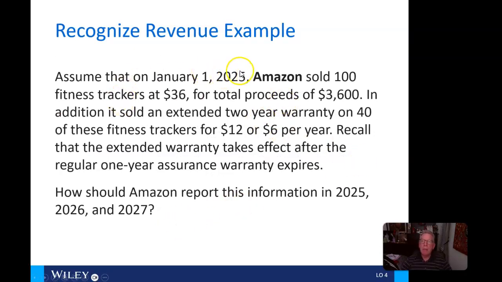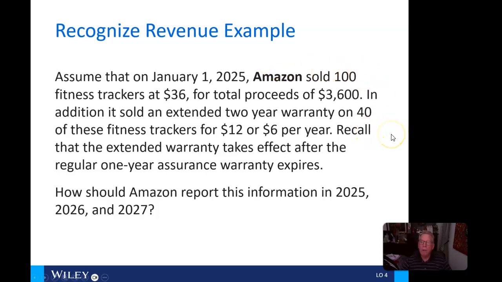Here, Amazon on January 1, 2025, sold 100 fitness trackers at $36. So the total proceeds was $3,600. In addition, it sold an extended 2-year warranty on 40 of those 100 fitness trackers for $12, or $6 per year because it's over 2 years.